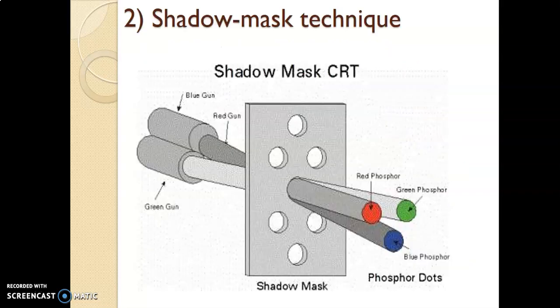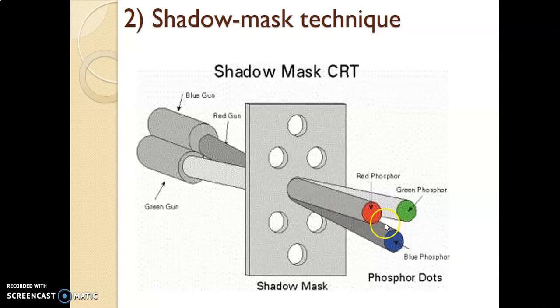The second method is the shadow mask technique. Here, before the CRT screen, we have a shadow mask, and then we have three guns, the blue, red and green gun, emitting different electrons.